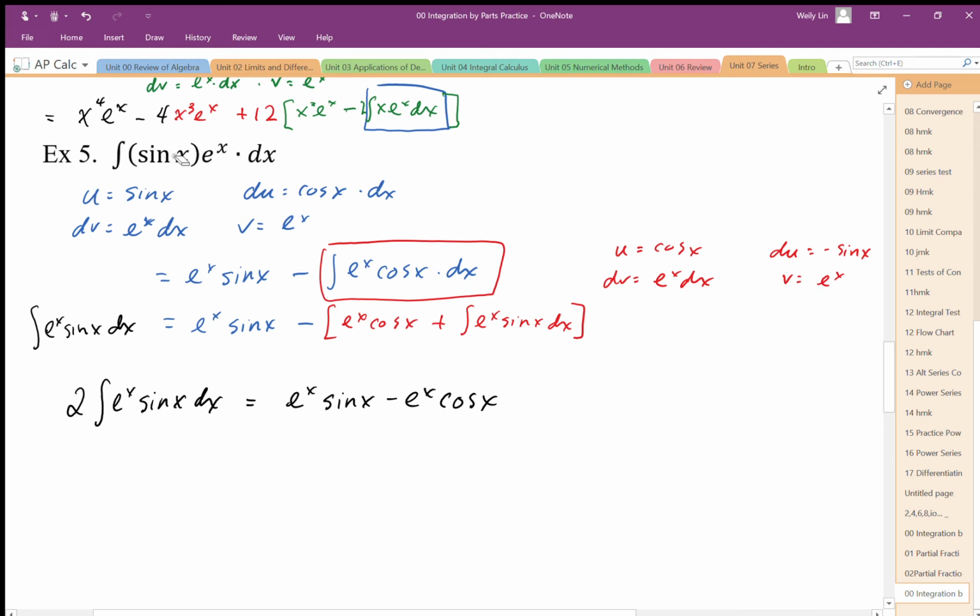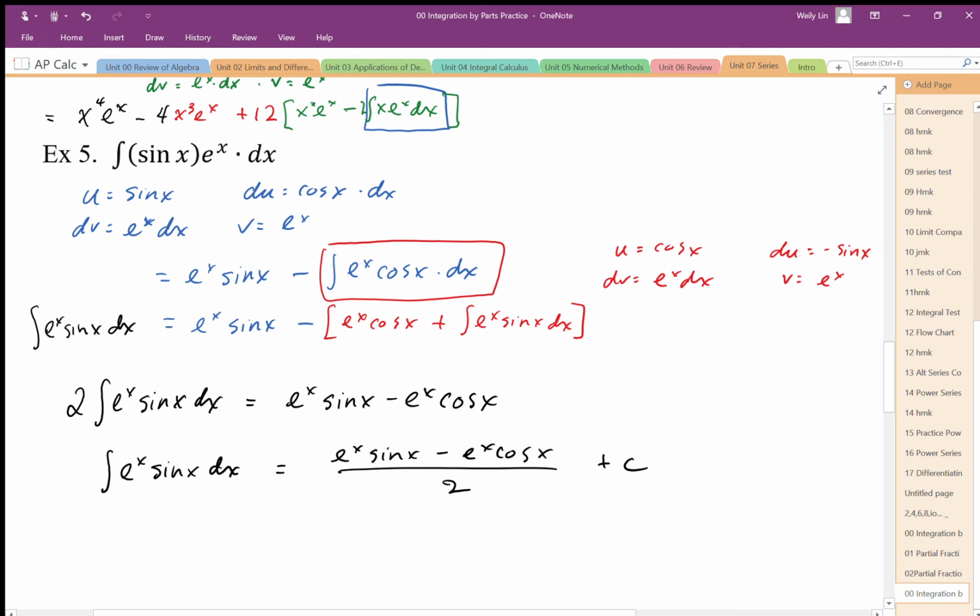I want to know what that is. Well, I can say that this original integral is equal to this divided by 2. So this is my solution, and this is going to be equal to e to the x sine x minus e to the x cos x all over 2, and don't forget the plus c because we've found an indefinite integral.